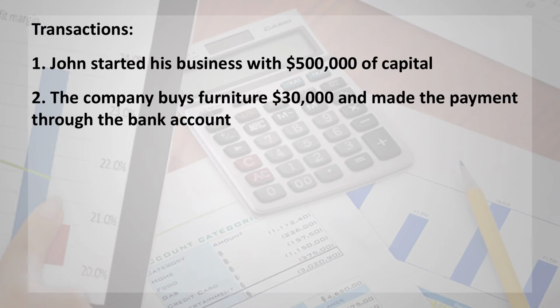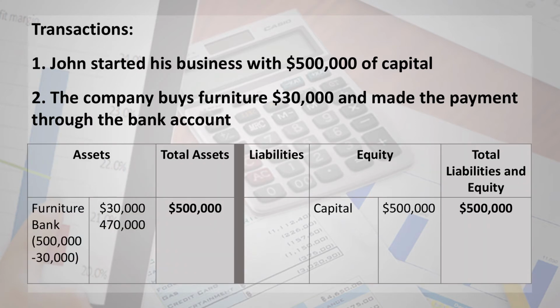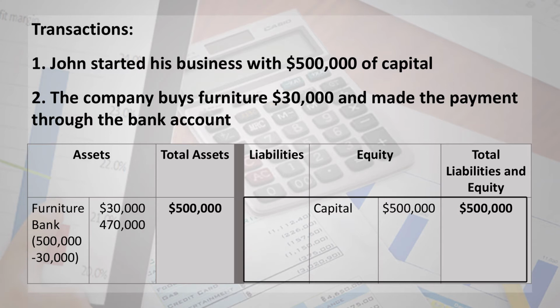If you remember the first two transactions, that of contributed capital and buying furniture, these do not affect the income statement or the retained earnings. They affect only the balance sheet, as they are neither income nor expense. They relate to the balance sheet assets or to the liability and equity part of the balance sheet.